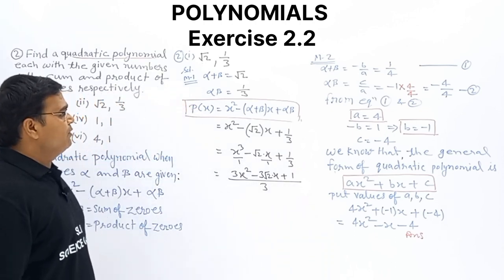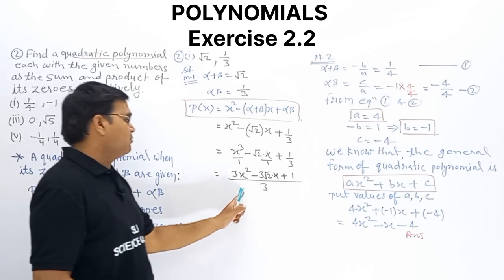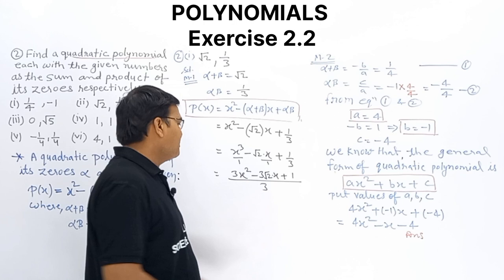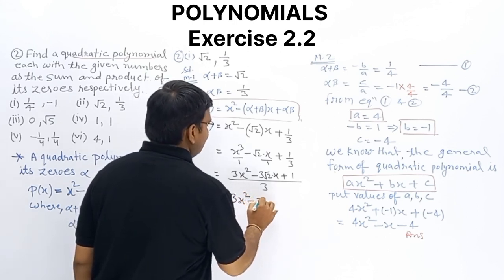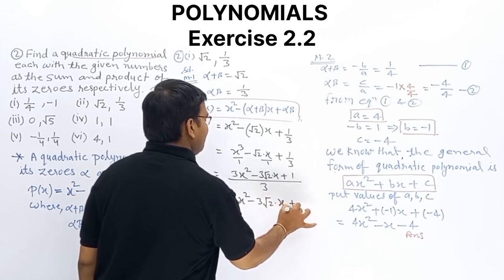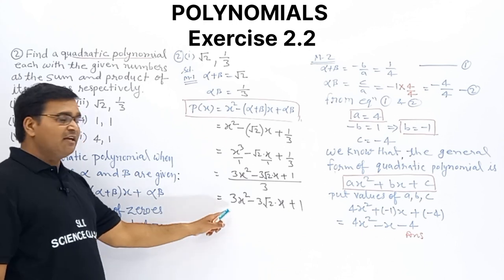Now in the next step we will skip the denominator part. Then the numerator will be our required result, plus 1. Clear? This one is the quadratic polynomial.